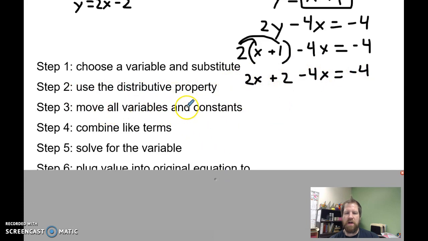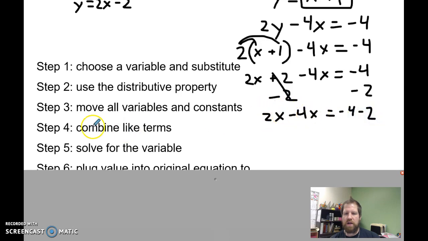Now I'm going to move all my variables and constants. In this case it's a little easier because my variables are all on the same side. I just need to move this positive 2 away by subtracting 2 from both sides. That cancels. I'm left with 2x minus 4x equals negative 4 minus 2.